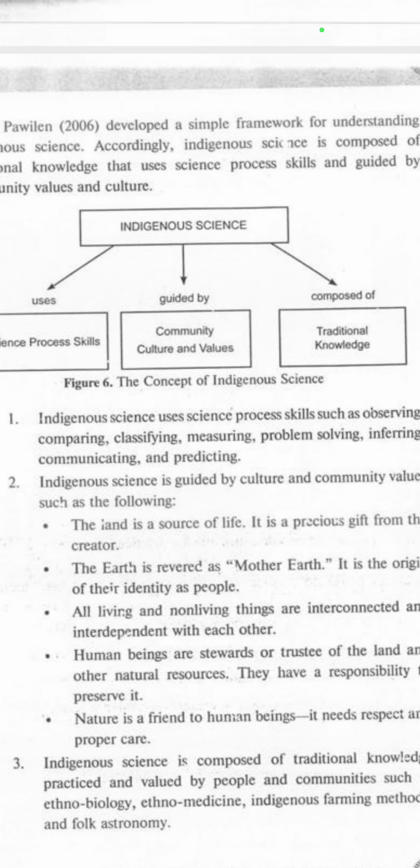Why is it traditional? Because it is literally explained by our ancestors. It has literally been done by the community in that era. Traditionally, there's no technology at all. They used their bare hands. They used plants and animals to culture the field of science. So that is the composition of indigenous science.